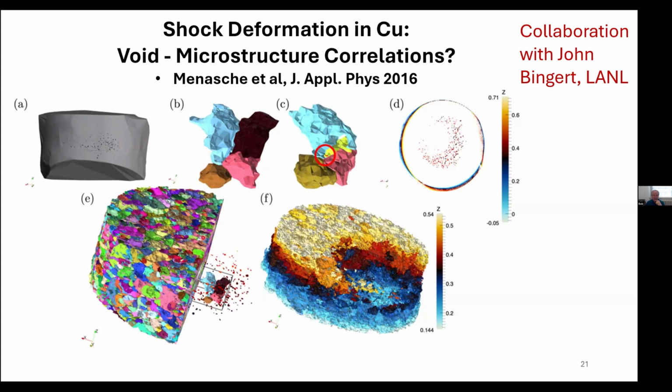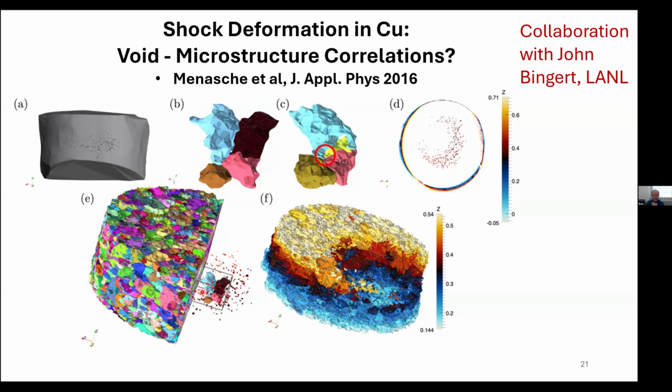So let's see. This is actually an image of the initial state microstructure. This is a little piece of microstructure that sticks out from the cut here. The data actually span the whole circular sample.